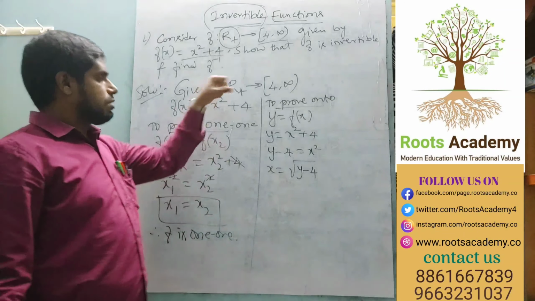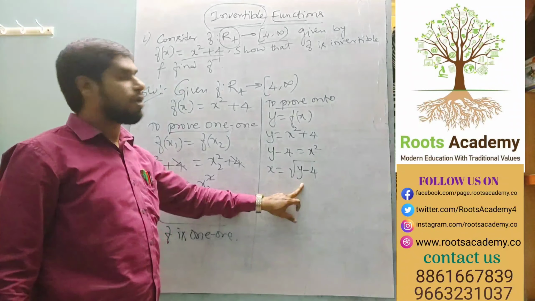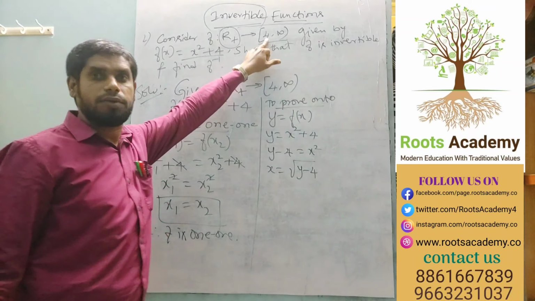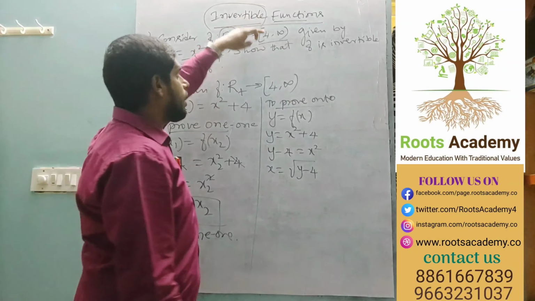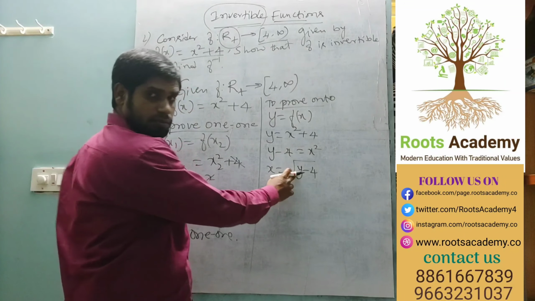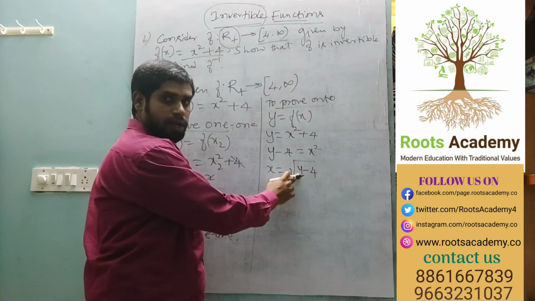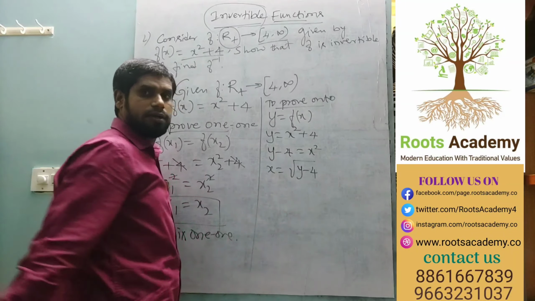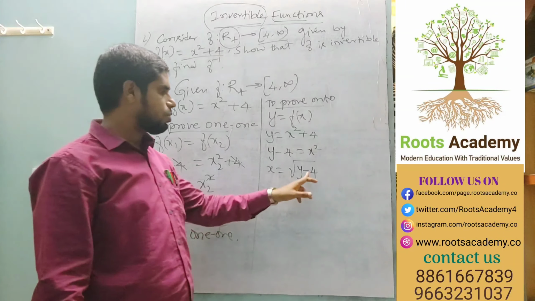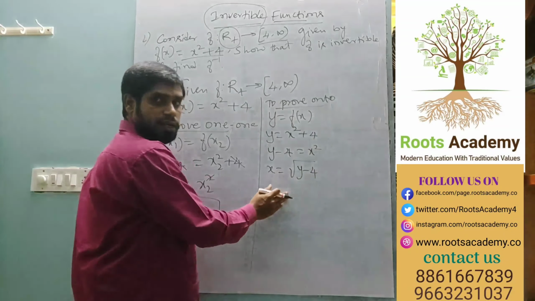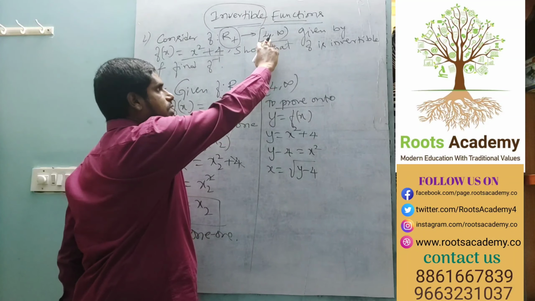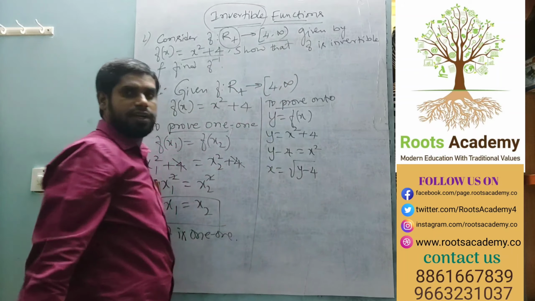Now students, here the values of y are from the codomain set. I can give any value to y, but from 4, not less than 4. What happens if I give less than 4? For example, if I give 3, I will get an imaginary number, that is root of negative numbers. Just to avoid that, our codomain has a restriction. It is from 4 to infinity.